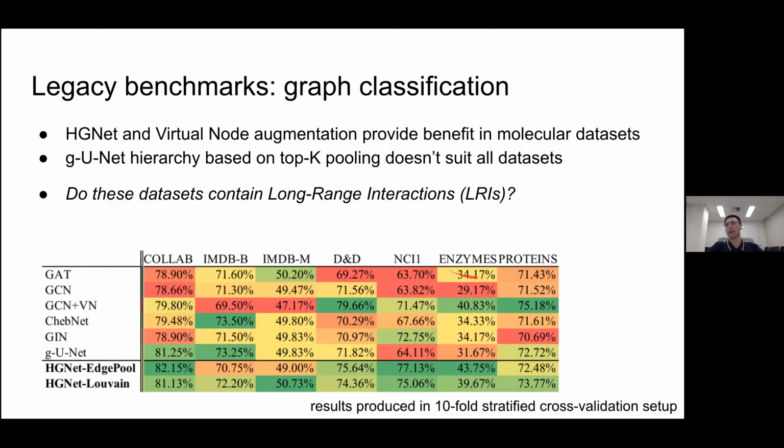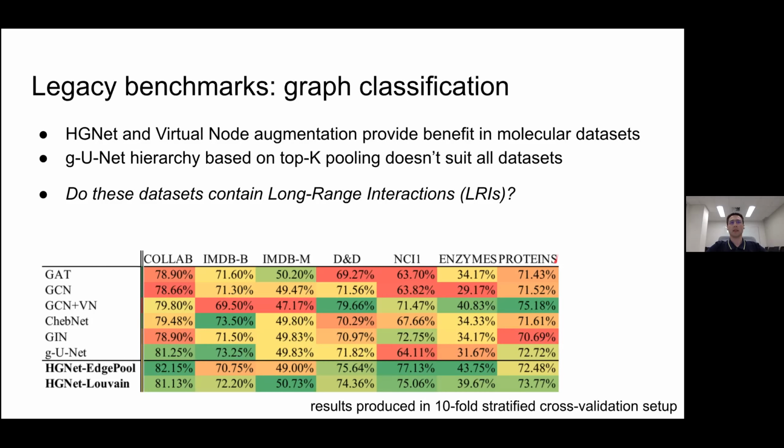Then enzymes and proteins are also based on proteins, and they are predicting different types of properties of these proteins, whether they are enzymatic or not, or to what kind of family they belong to.